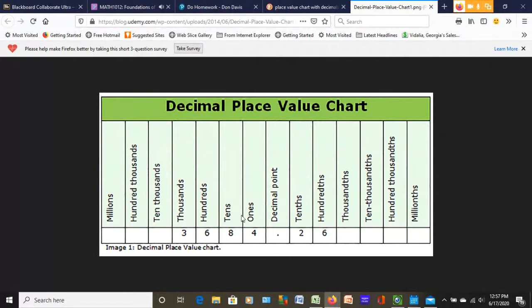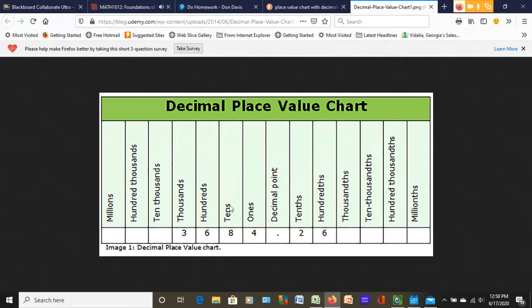Please remember also that as you go to the left from the ones, you can tell that the values in each place are getting larger by a multiple of 10, right? So you have 1, and then times 10, you get 10, and then times 10, you get 100, and then times 10, thousands, and so forth. Please notice to the right of the ones, you have your decimal point.